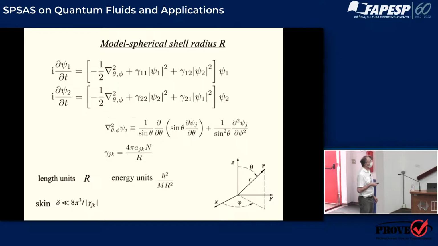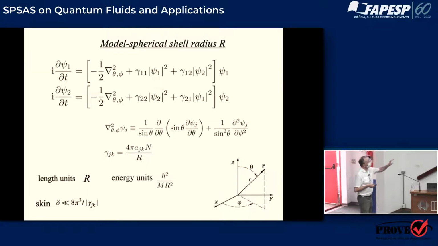Gamma 1,1 is the self-interaction. It's like the G in the 1D case Randy Hulet was explaining, the self-interaction. Here is the interaction between one species and the second species. And here is the self-interaction of the second species. And here, gamma 1,2 is equal to gamma 2,1, the interaction of 2 with 1.